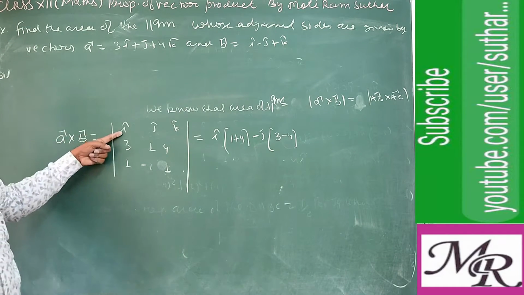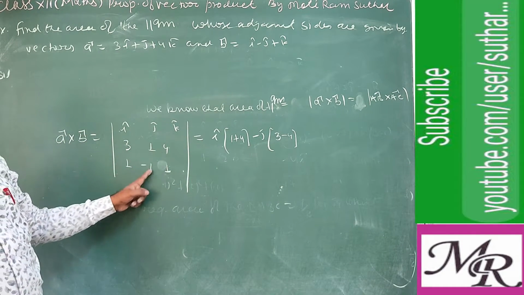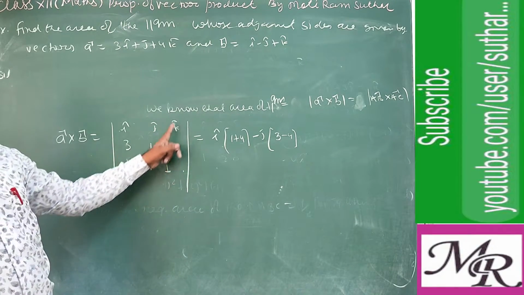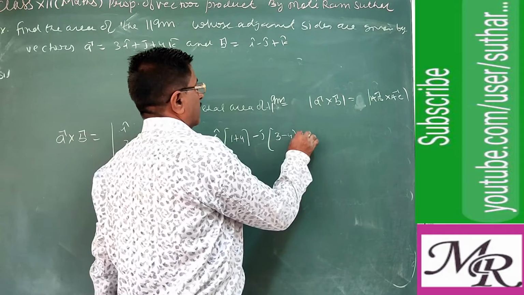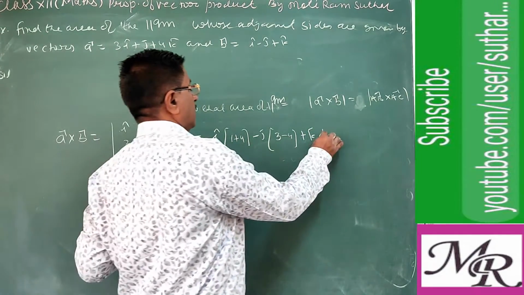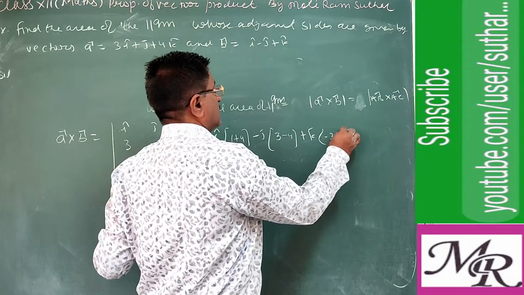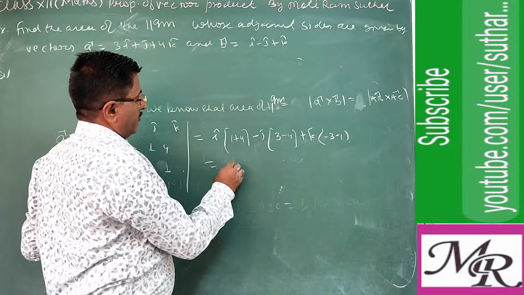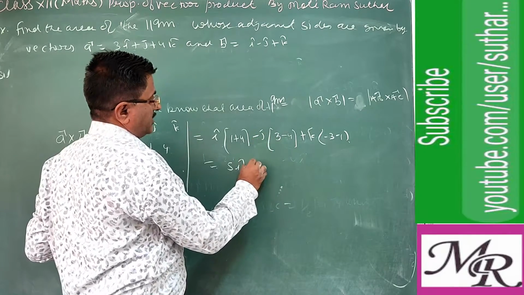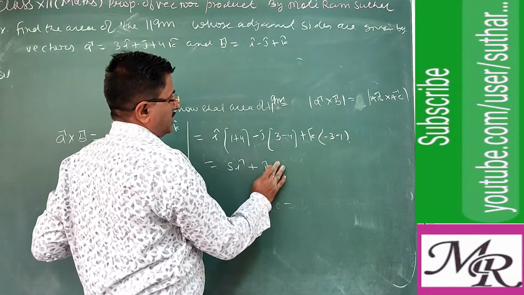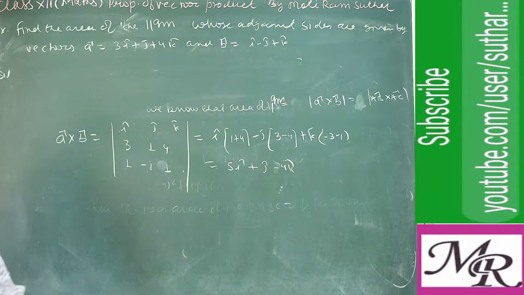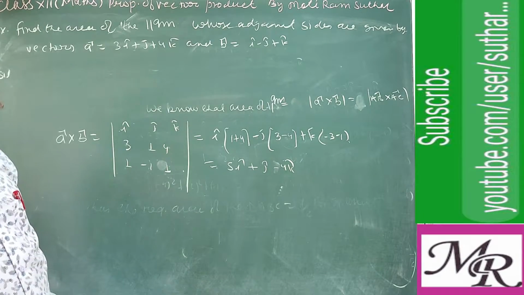Clear? Now for k, minus 3 minus 1. So simplifying, 5i plus j minus 4k. So we get the vector 5i plus j minus 4k.